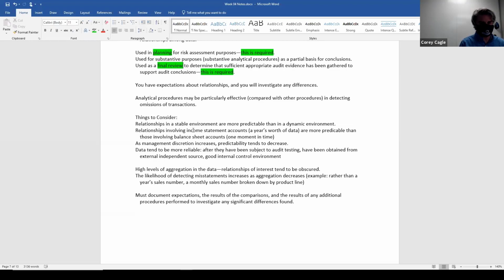Data tend to be more reliable if they've been obtained from an independent external source, and they tend to be more reliable in a good internal control environment. Those are obvious things, especially the good internal control environment.